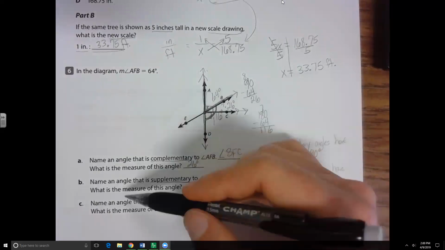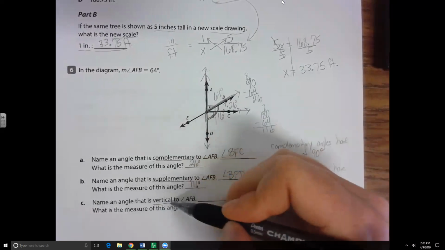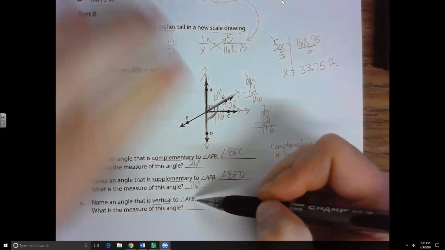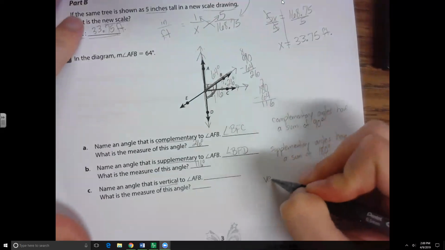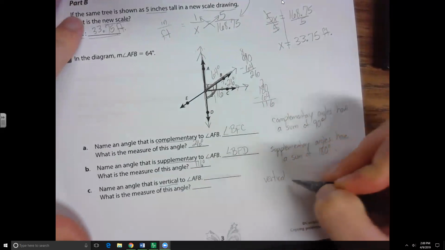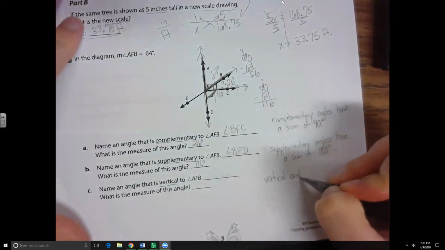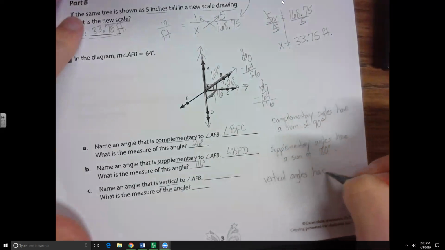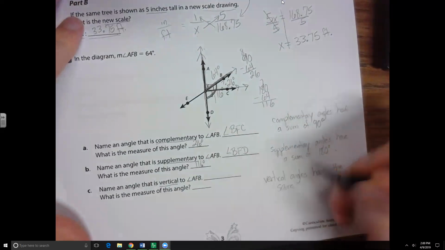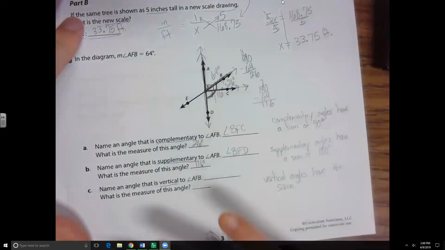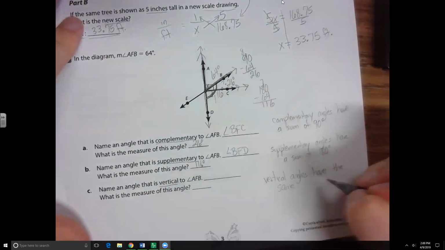Now, if I'm looking at an angle that is vertical to angle AFB, okay, I need to find an angle that's vertical. Something special about vertical angles is that they have the same measurement. So that means I can take my angle and I can flip it on top of another angle and it's going to be exactly the same.